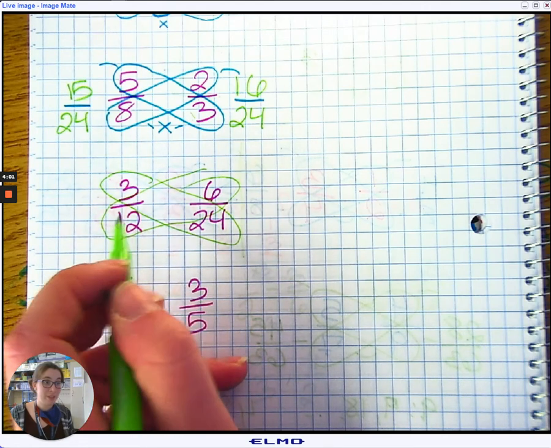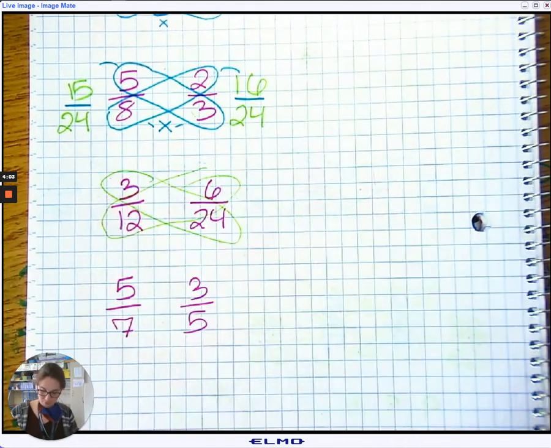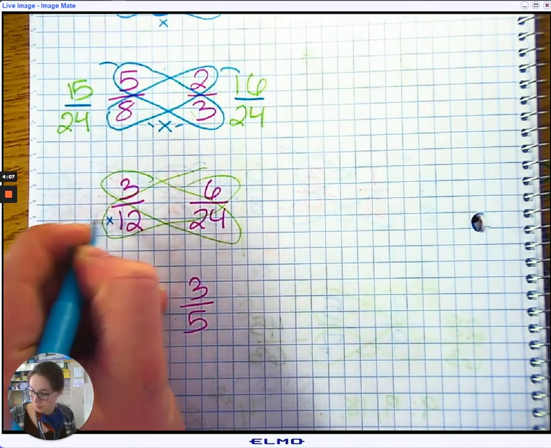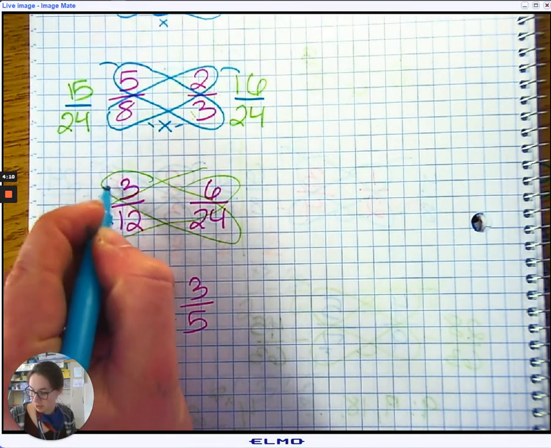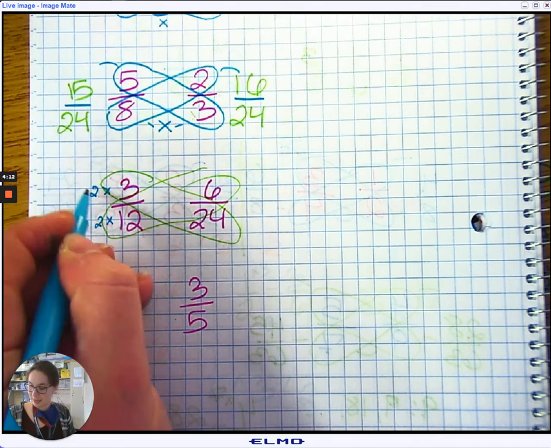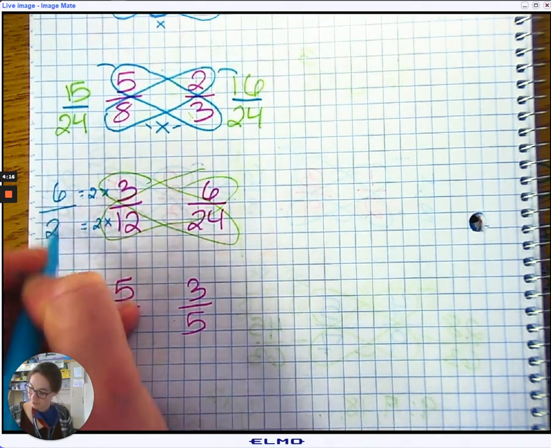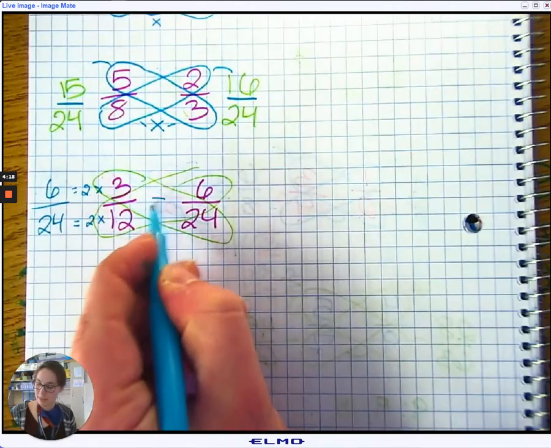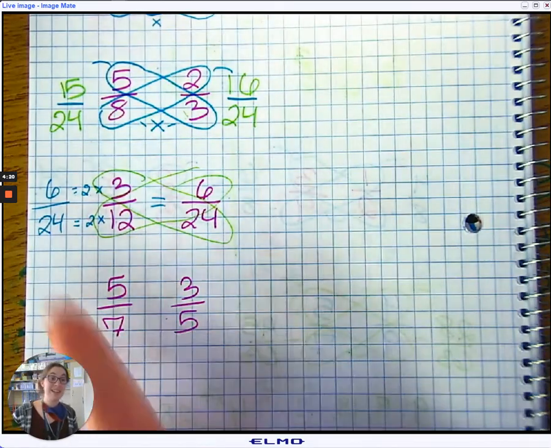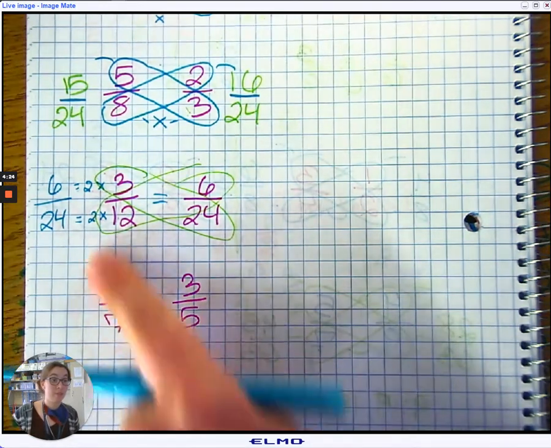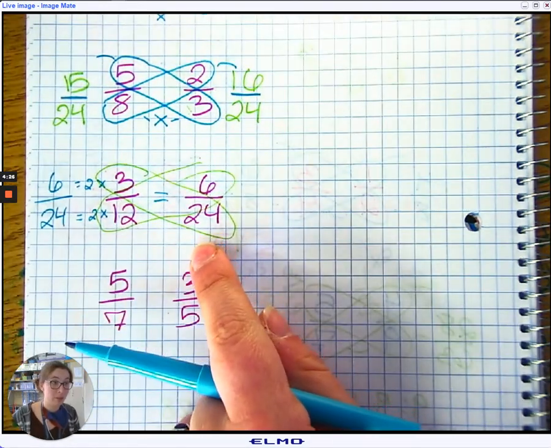So I would just have to multiply this fraction by 2, times 2, times 2, and I would get 6/24. Oh, look, these are equal. I didn't have to do any of this, because I know that 12 times 2 is 24. I know my least common multiple here.